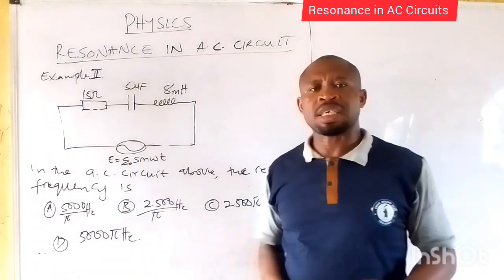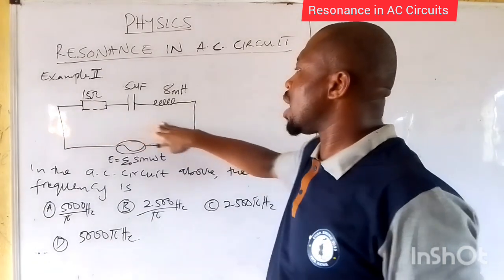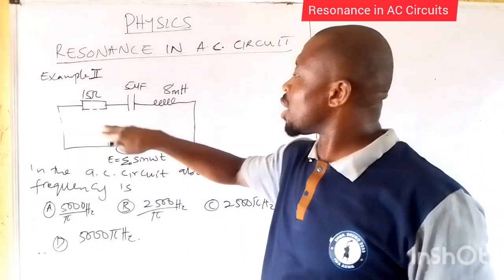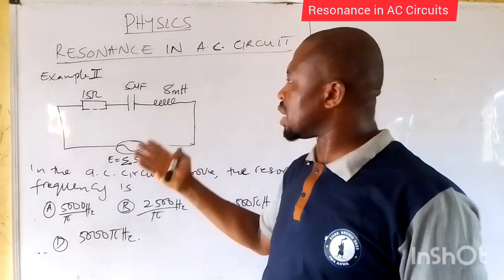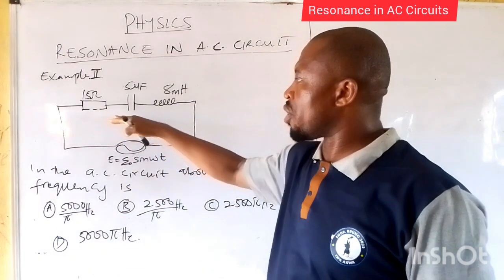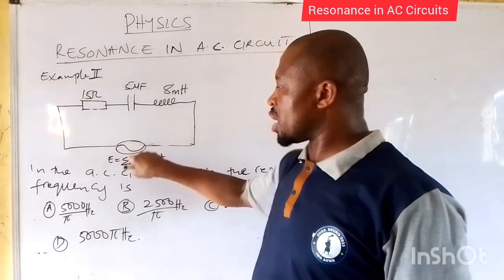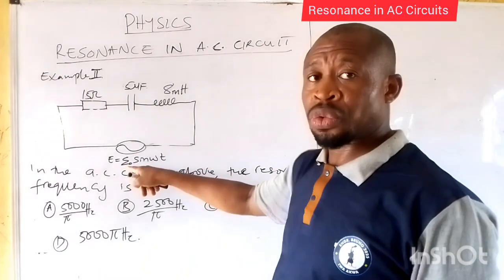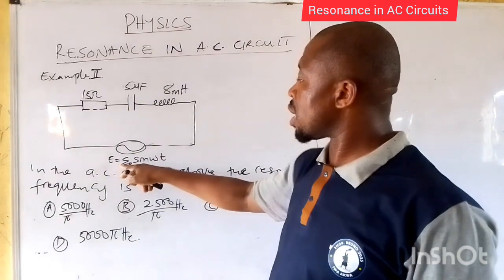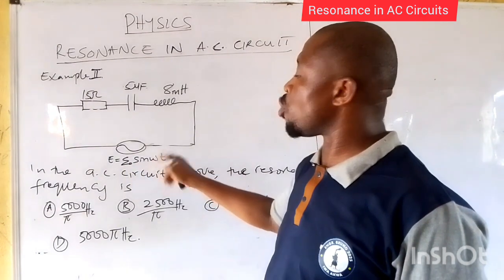Now, we have this question here, taken from a circuit. This AC circuit has R, C, and L, and then we have the AC source here, which is the amplitude current times sine omega t.